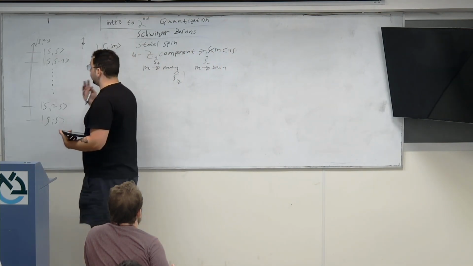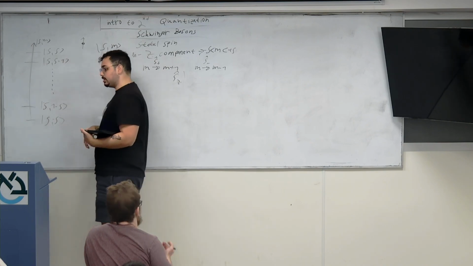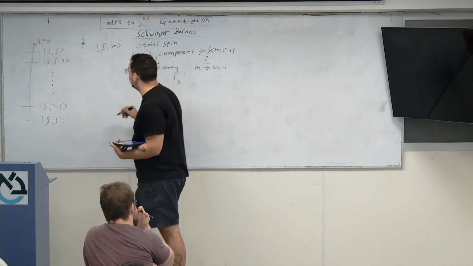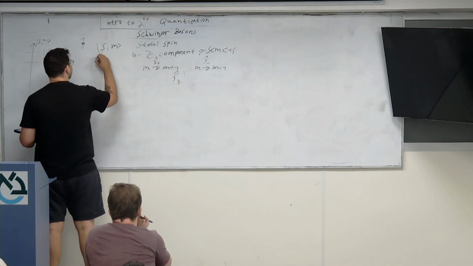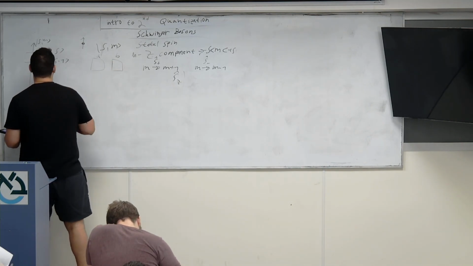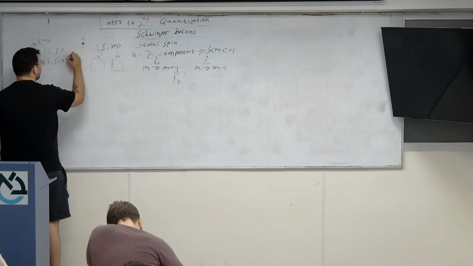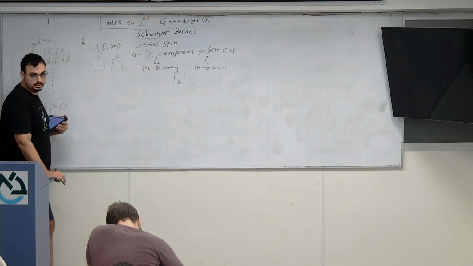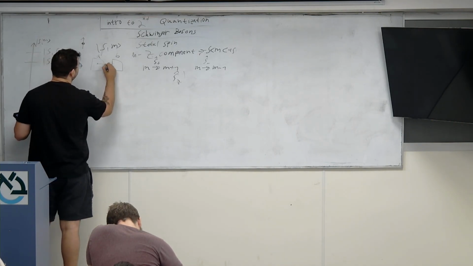So basically, let's say I have box A, box B, and moving down this ladder will just take a particle from A and move it to B.